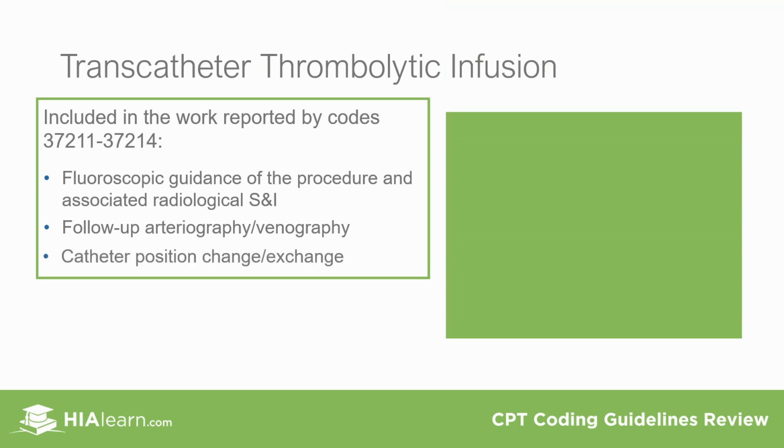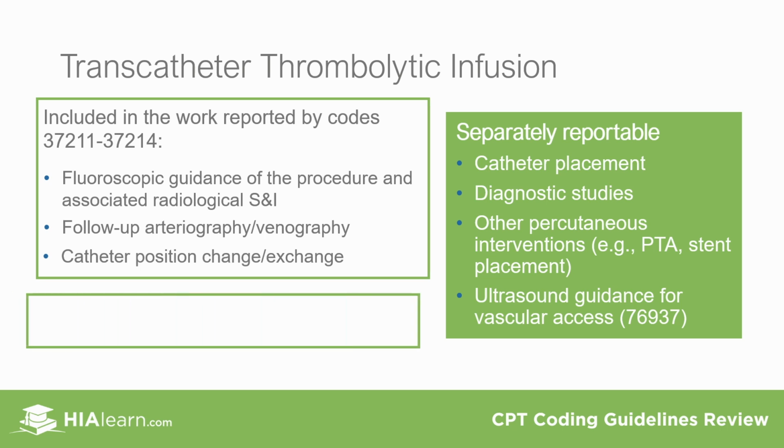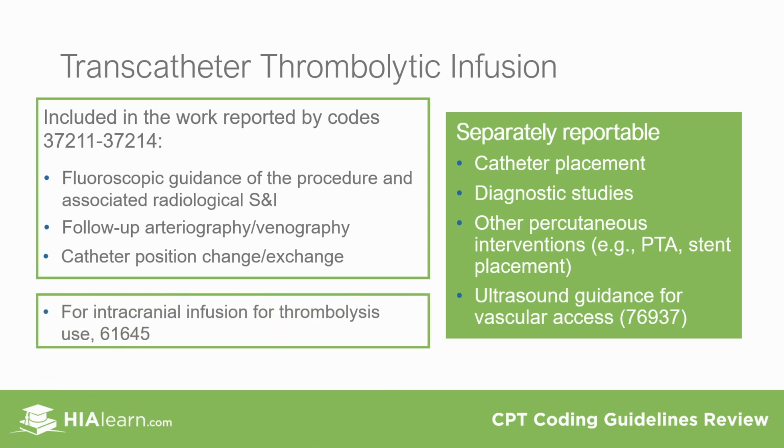Several procedures are separately reportable, including catheter placement, diagnostic studies, and other percutaneous interventions such as percutaneous transluminal angioplasty with or without stent placement. Ultrasound guidance for vascular access is also separately reportable with code 76937. For intracranial infusion for thrombolysis, code 61645 is used.